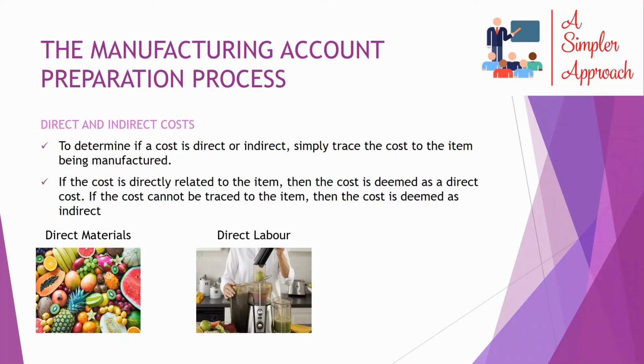Direct labor would be the wage or salary that is paid to the person who actually does the blending. Case in point, that faceless gentleman right there in the white shirt blending something that appears to be June plum or American apple? Yeah. His wage or salary would be considered direct labor.